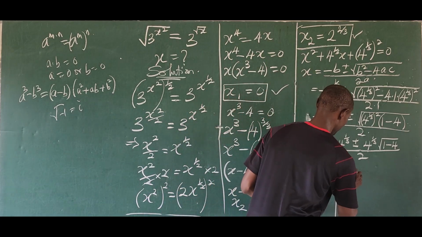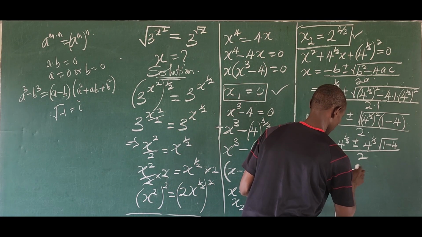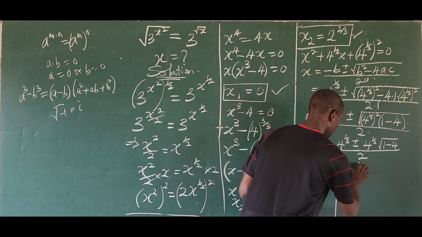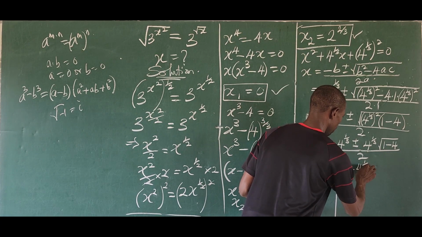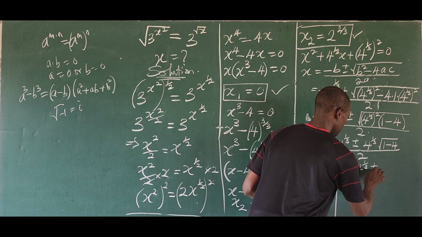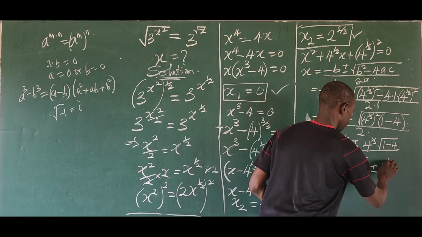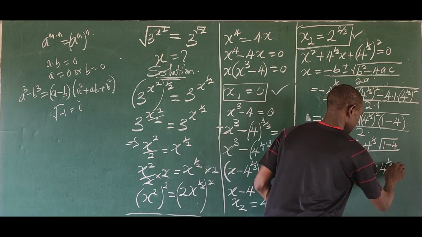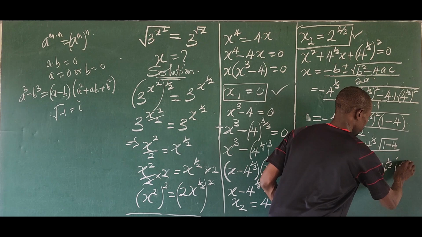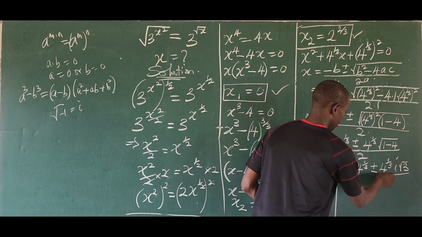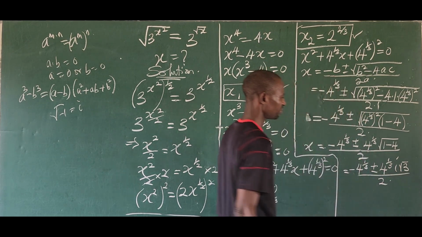Doing that, this gives us minus 4 to the power of 1 all over 3, then plus minus 4 to the power of 1 all over 3, then let's bring in our iota root 3, then all over 2.